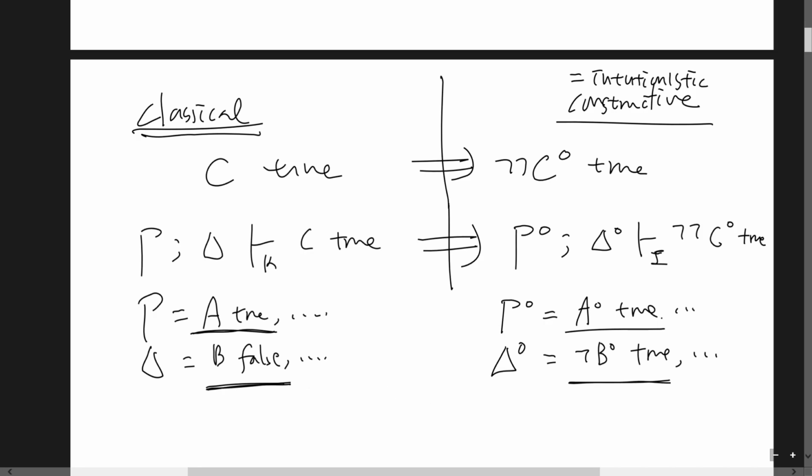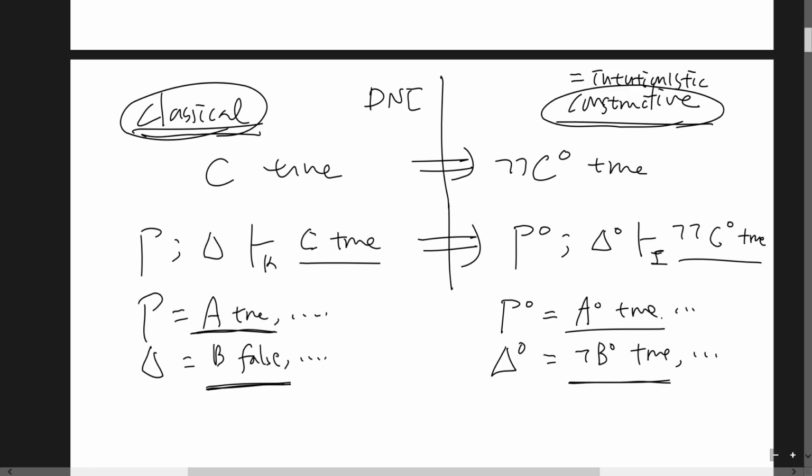Then we can show that the provability of C true in classical logic guarantees the provability of double negation C circle true in constructive logic. So that's basically the result that we can get from this double negation translation.